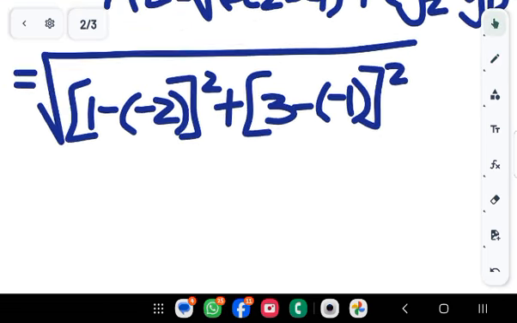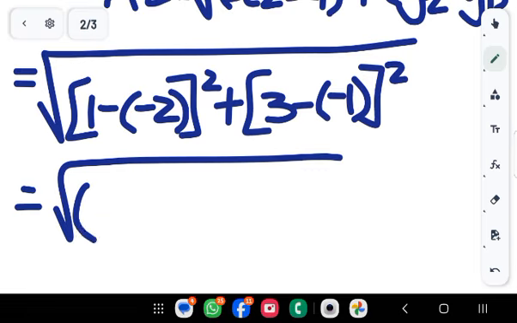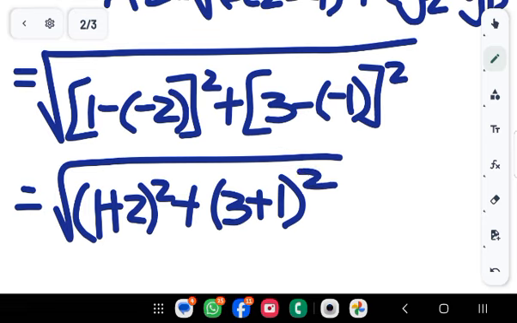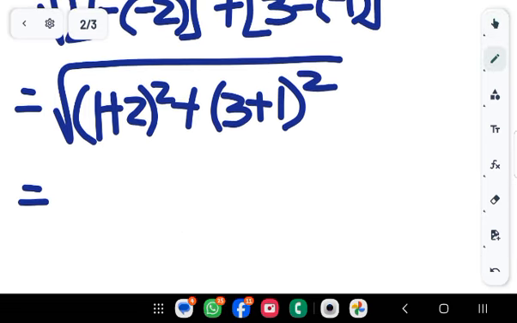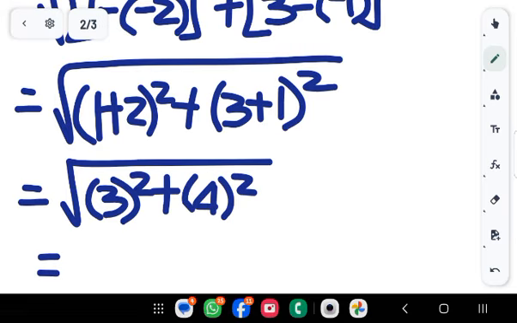Take out a calculator. That will give you the square root of, open bracket, 1 plus 2 all squared plus, in bracket, 3 plus 1 all squared, which is equal to the square root of 3 squared plus 4 squared.